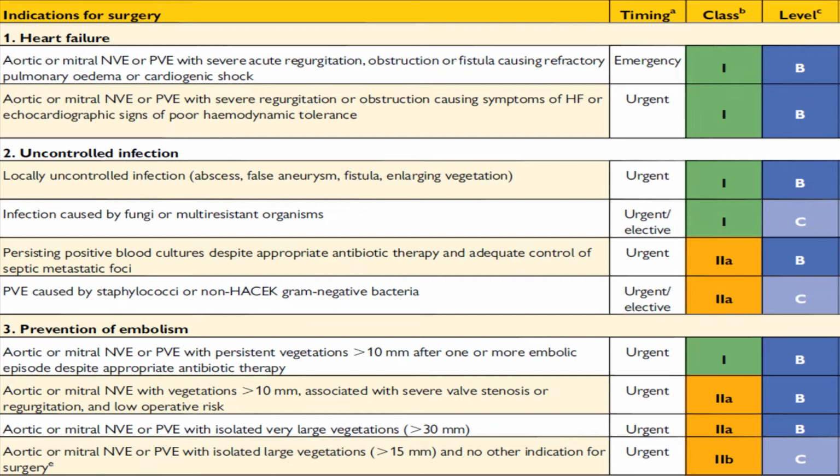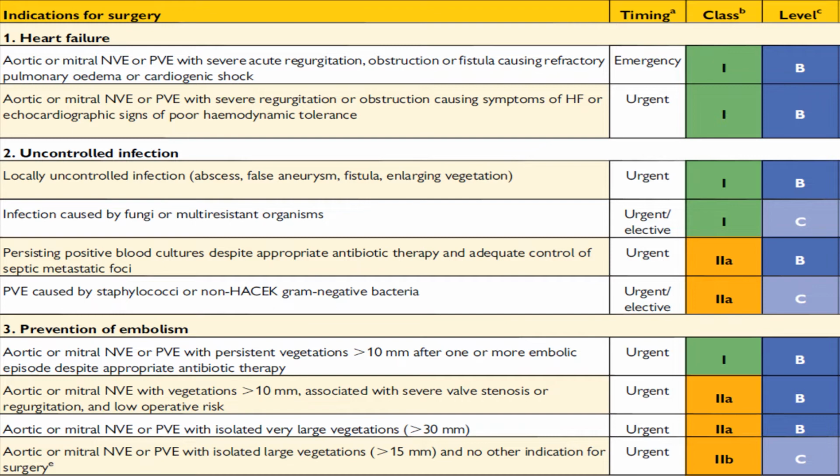The second indication is uncontrolled infection. Maybe the pathogen is a fungus that cannot be controlled by antibiotic or antifungal alone, or the lesion is not only vegetation, it's abscess, fistula, or a really large vegetation that antibiotic cannot control.